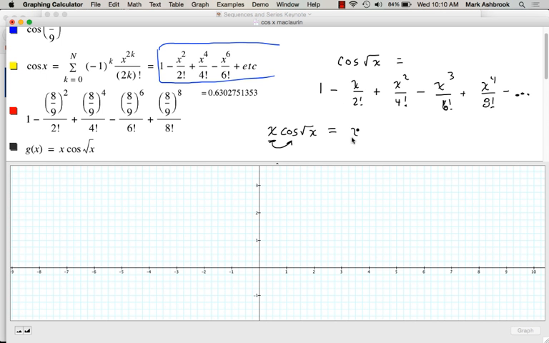X, right? Minus x squared over, right? Keep going. You got it. That's it. Very good. And on and on and on.